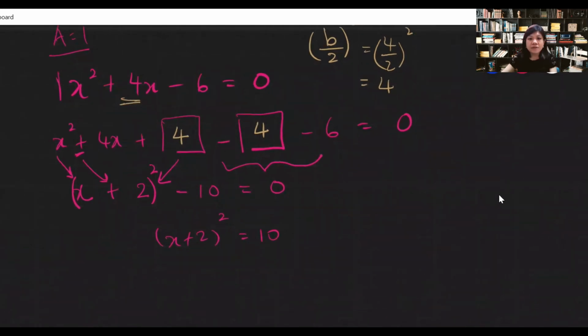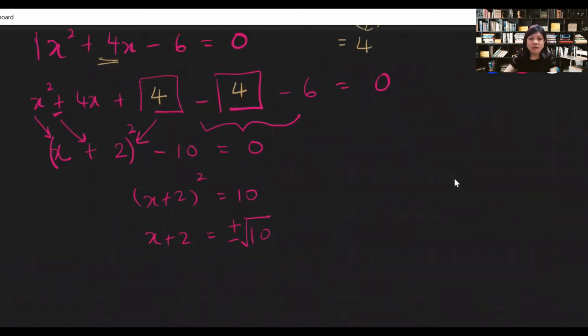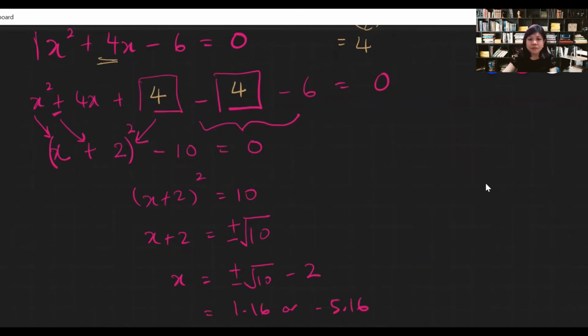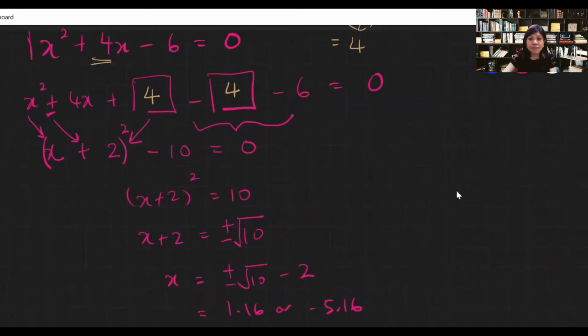This is not a very nice equation because you're going to have the square root of 10, but whenever you have a square root, you have positive and negative. Moving the 2 over, you're going to have positive negative square root of 10 minus 2. Using the calculator, you're going to have 1.16 or negative 5.16. So there you go, the complete steps for completing the square.